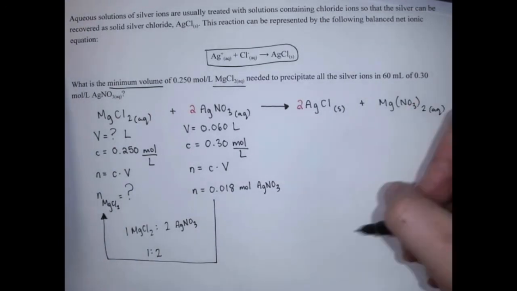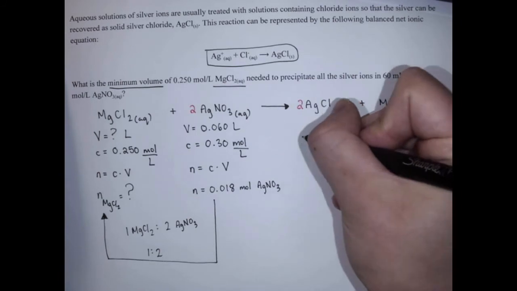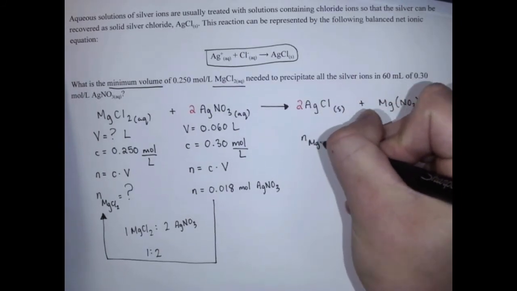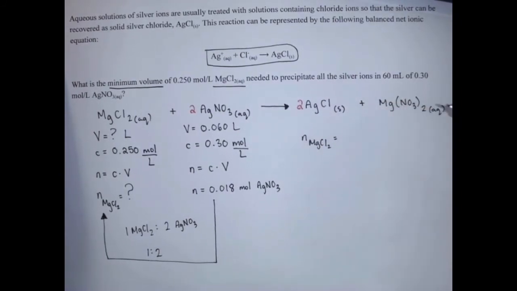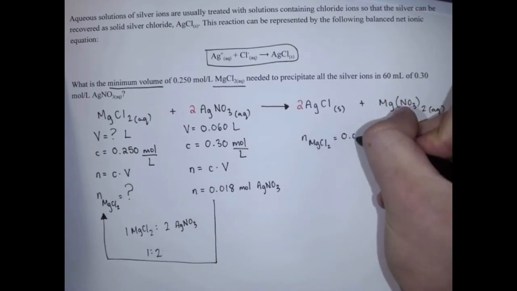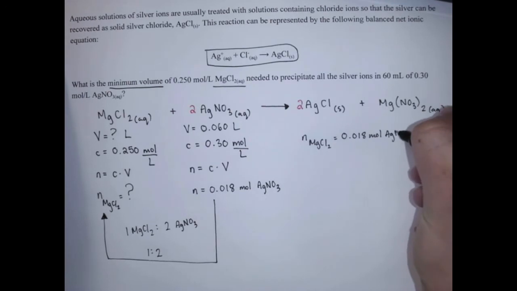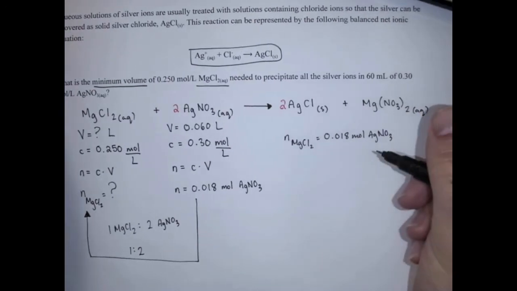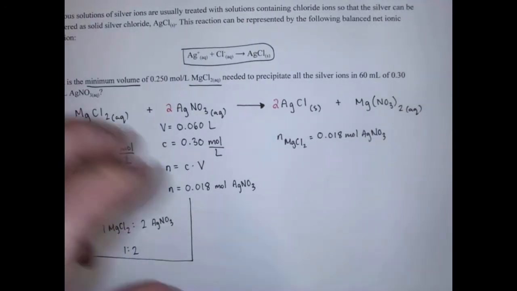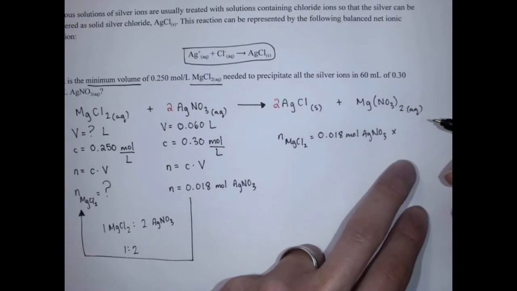So I'm actually going to do my work right over here. We'll say number of moles of magnesium chloride is 0.018 moles of silver nitrate times my mole ratio.